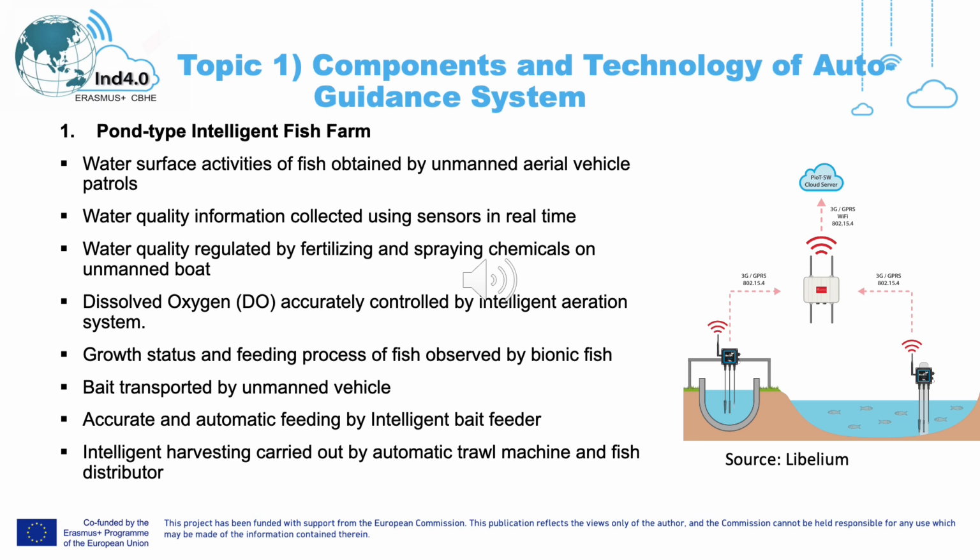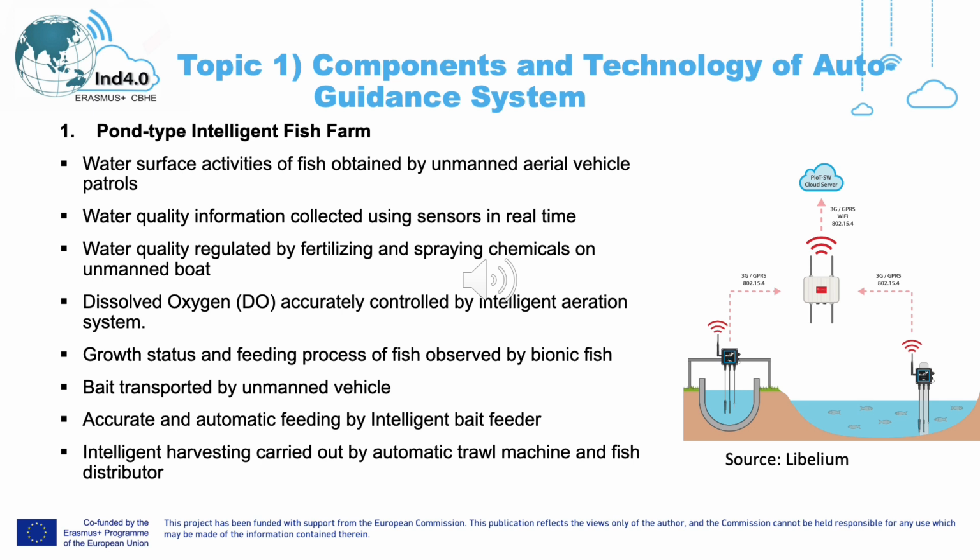Pond type intelligent fish farm collects water quality information using sensors in real time and unmanned aerial vehicle patrol to obtain the water surface activities of the fish. The growth status and feeding process of fish are observed by bionic fish, and the water quality is regulated by fertilizing and spraying chemicals on unmanned boat.